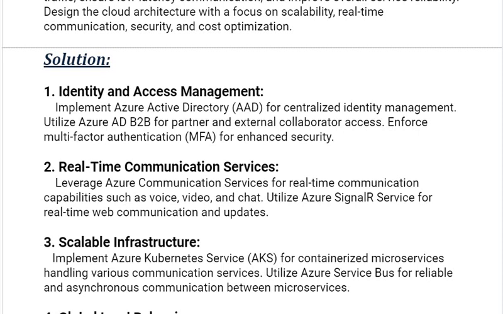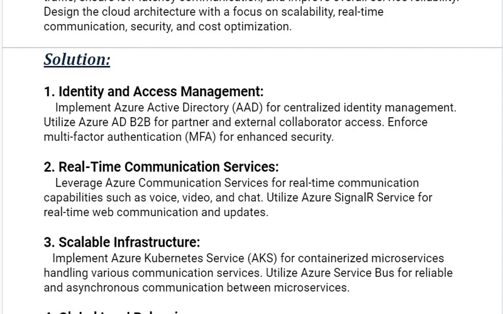Next solution is real-time communication services. Leverage Azure Communication Services for real-time communication capabilities such as voice, video, and chat. Utilize Azure SignalR Service for real-time web communication and updates.